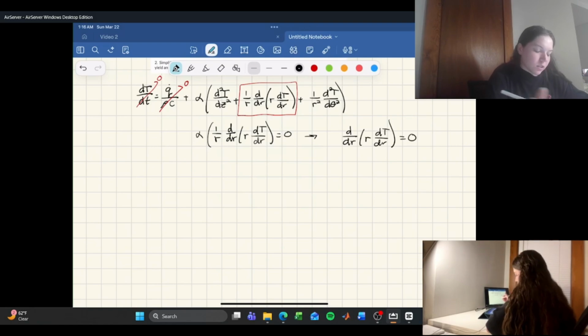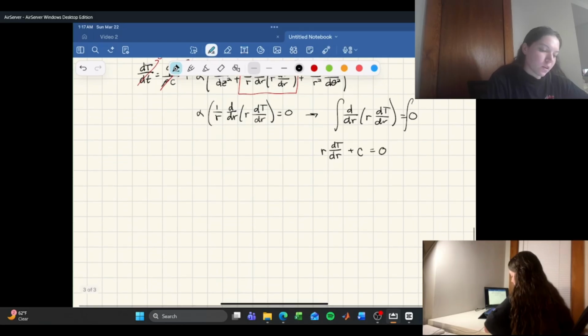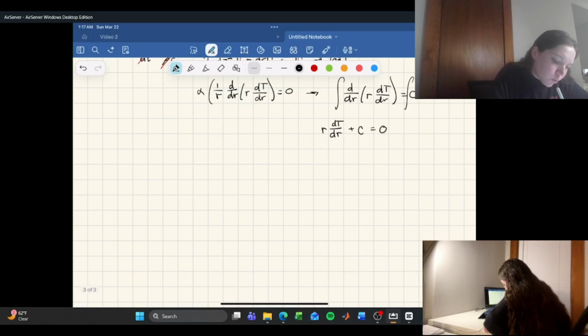And now we can integrate this. So we take the integral of both sides, and we're left with r dT over dr, or the change in temperature over the change in r, plus C is equal to 0.